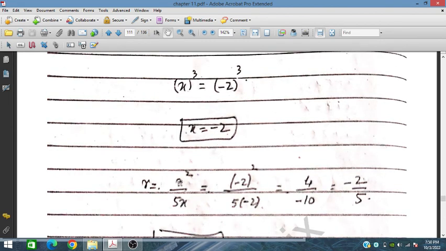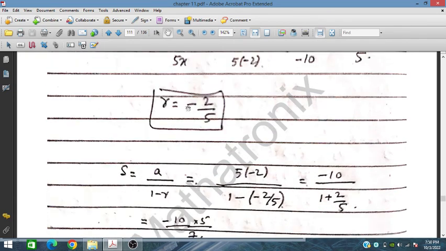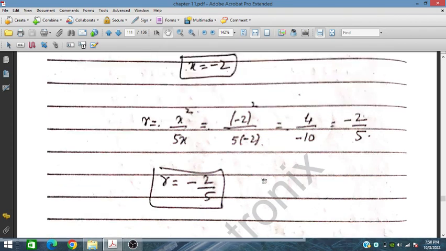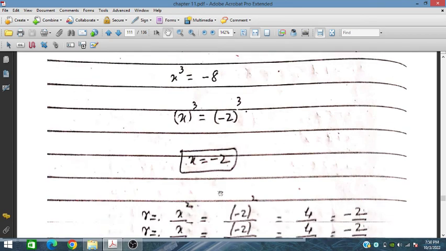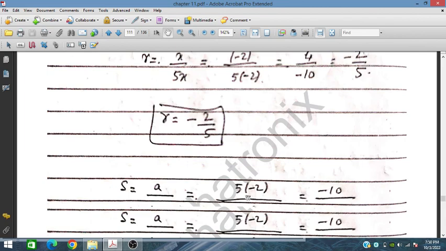In place of x, we can write down this minus 2. So we obtain the value of r as minus 2 by 5. This is the common constant ratio for the geometric progression. So we can write down the value of r here, and a is given as 5x. The value of x is already obtained as minus 2, so in place of this we write down minus 2.